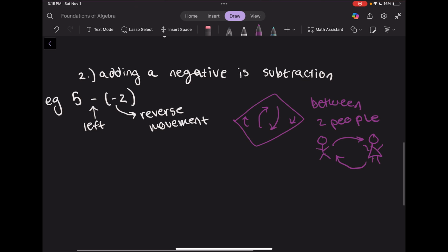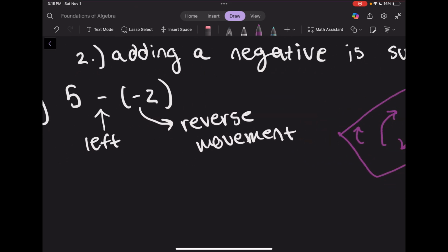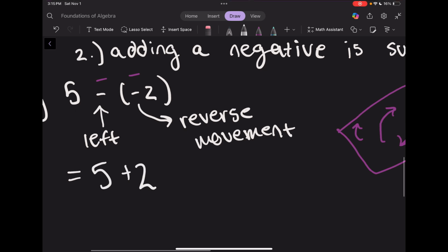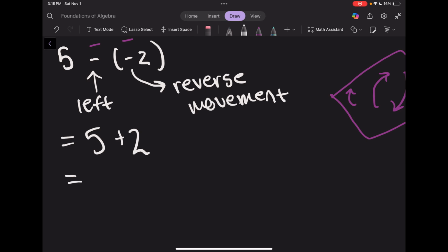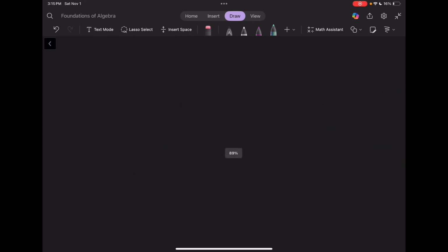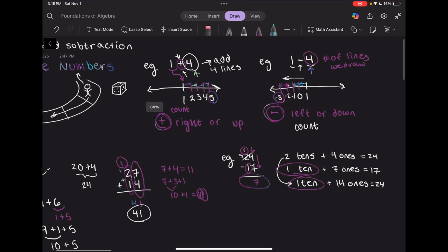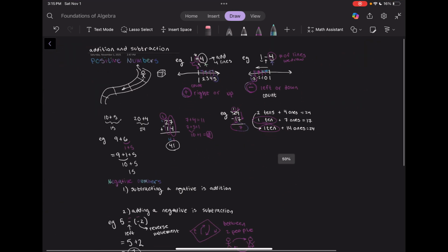There's something still happening here, which is we're subtracting a negative number, but somehow it goes to normal. So then it becomes 5 plus 2. And we get 7, by applying what we learned earlier with adding positive numbers.